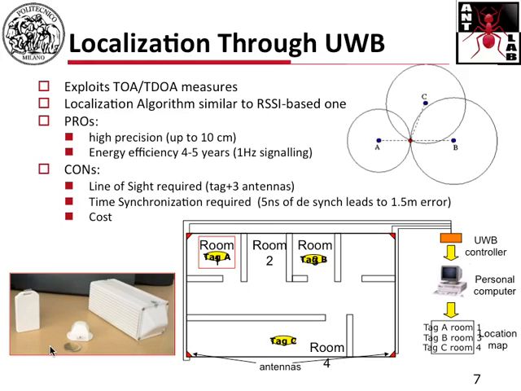I'm showing you this kind of localization system because nowadays it is the system with the best performance in terms of localization accuracy. It can go down to centimeters of precision, which means that you can localize one item with an error of tens of centimeters.